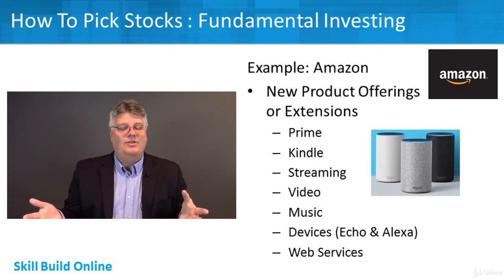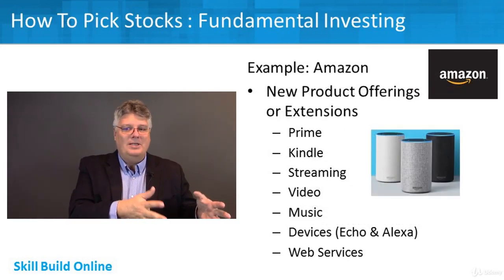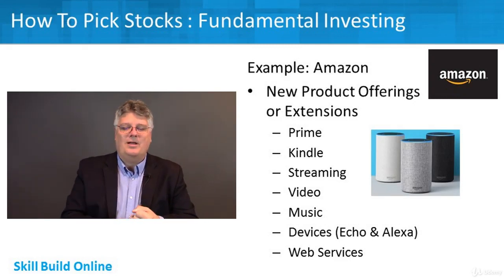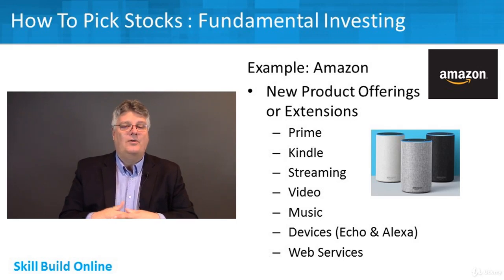Here's just a list of a few things that Amazon has done, going from basically somebody who sold books to more goods and services, to things like Amazon Prime, Kindle e-readers and all that. Streaming services now, a growth area, getting involved with video and music, and certainly they sell devices now with Echo and Alexa. Here's a picture of Echo, devices that they sell themselves in addition to all the other products they sell.